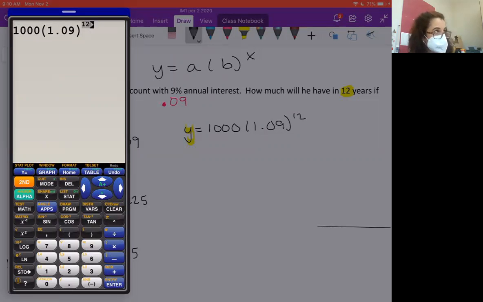Don't do that because the exponent has to be evaluated first and then you multiply by 1,000. But if you enter it like this, the calculator knows the order of operations. So if you just enter it on the calculator the exact way that we write it on paper, including the parentheses and the exponents, and then hit enter, you don't have to do it in 2 steps. You can just do it in 1 step.